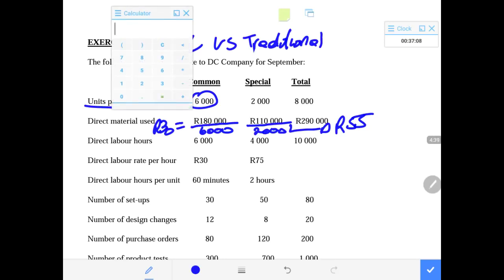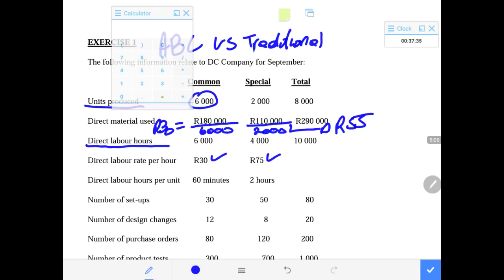Then we go now to the direct labor. We are given the direct labor hours, and this is the total. You can say that it is a total of 6,000 and a total of 4,000, and the total for both of them hours became 10,000. And we are given the direct labor rate, meaning the rate at which our employees are being paid per hour.